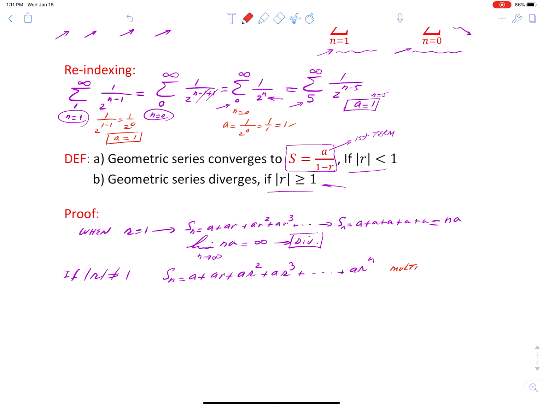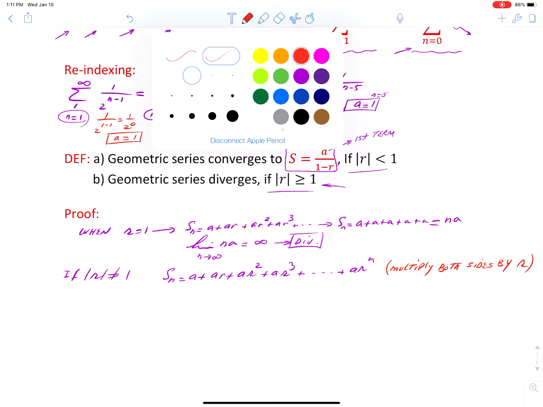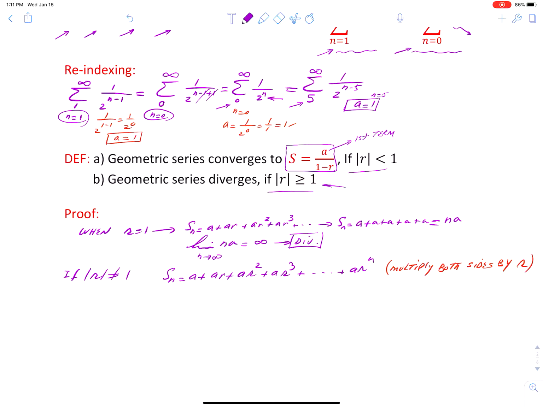Multiply both sides by an additional r. Okay, when I do that, I get r times S of n.